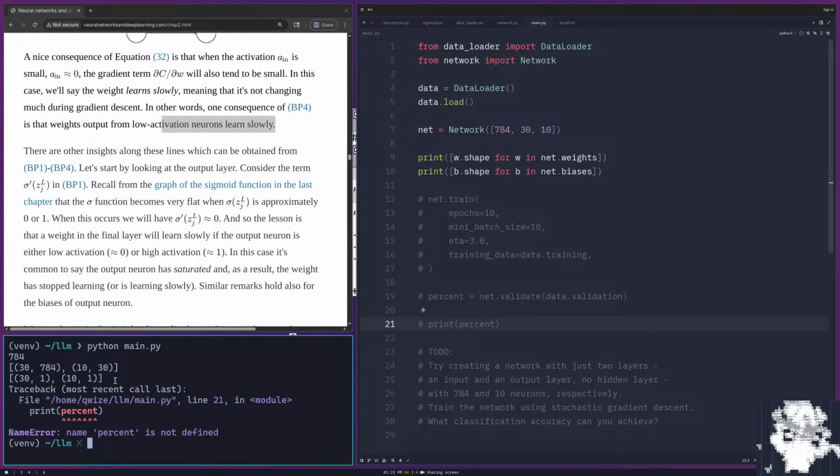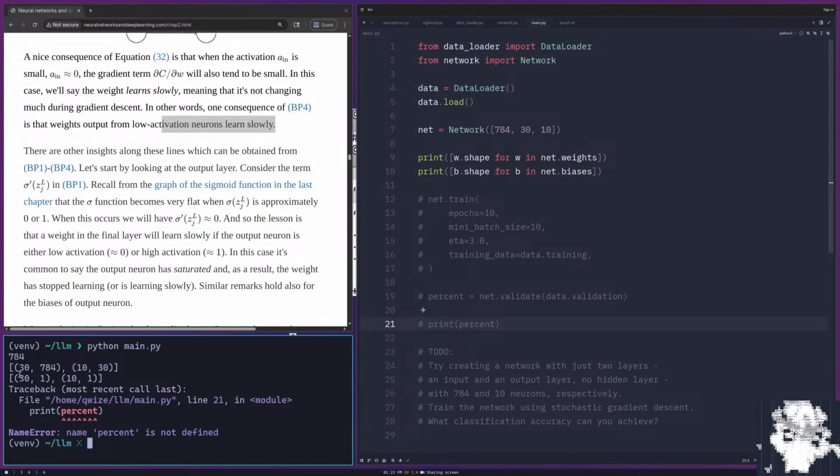So I think the biases are right. Actually, the weights look right too now that I think about it.